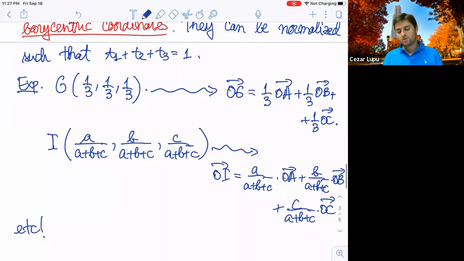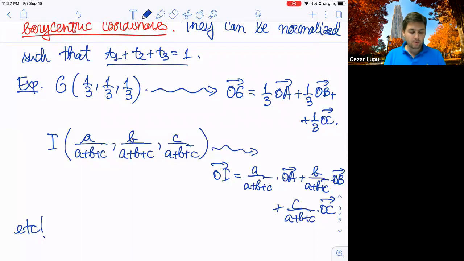Sometimes instead of G they put 1, 1, 1, and instead of A plus B plus C, the incenter has A, B, and C. But anyway, it doesn't really matter that much.